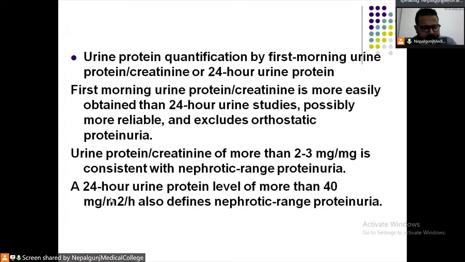If the 24-hour urinary protein is more than 3.5 grams, then you can say it is nephrotic range proteinuria. It can also be expressed in mg per meter squared per hour; if the level is more than 40 mg per meter squared per hour, it also defines nephrotic range proteinuria.